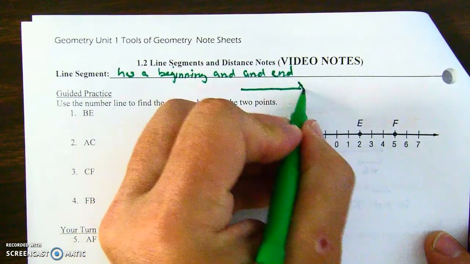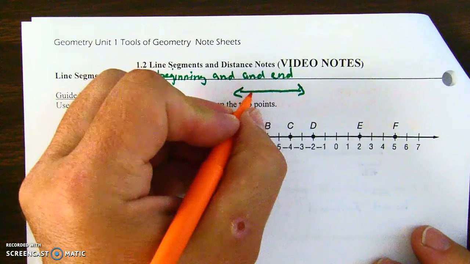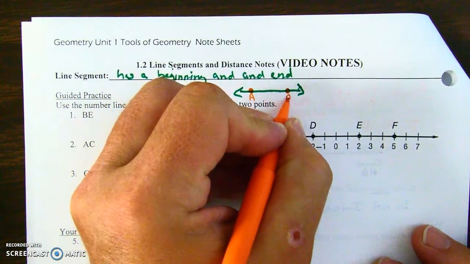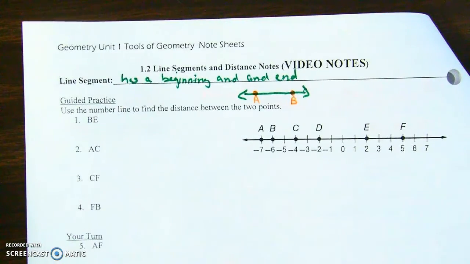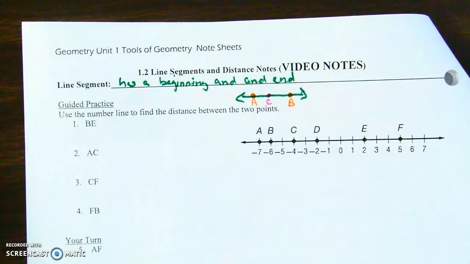I'm going to put arrows on the ends because it's a line. Now we're going to add in 2 points. We'll call this point A and point B. We could throw in a third point if we chose to. So let's put a C in the middle if we want to help us out.